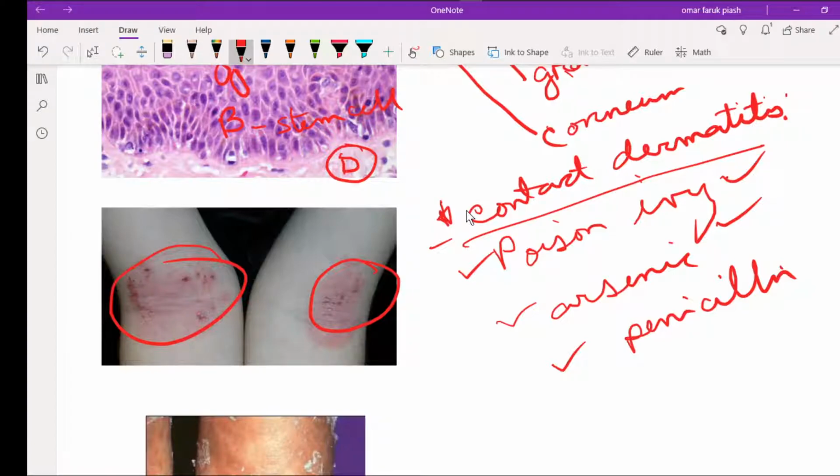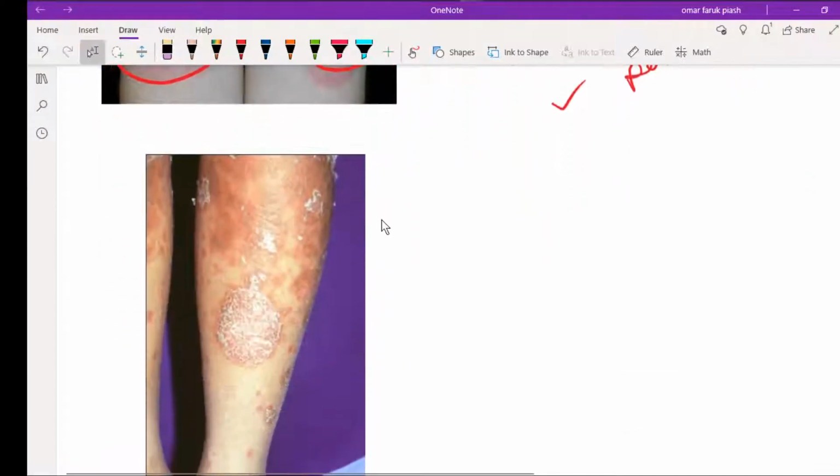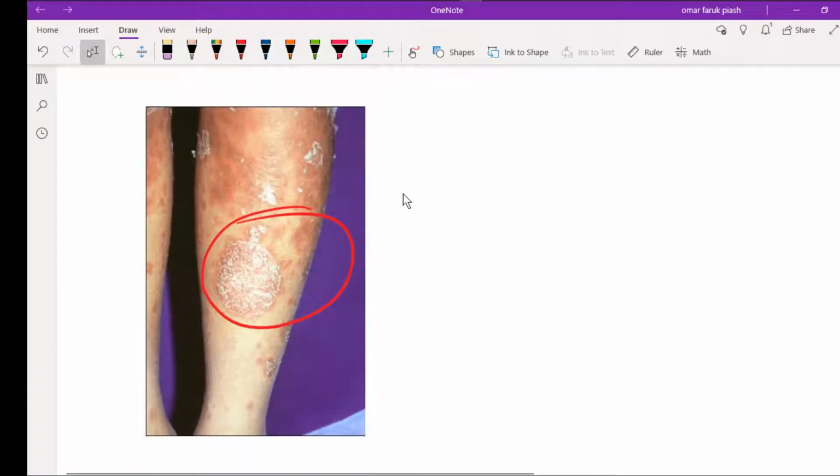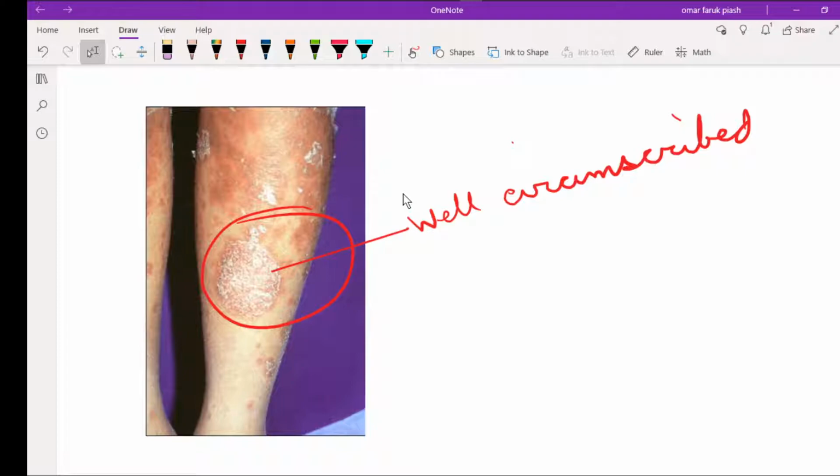And the next one, this is the picture of psoriasis. Psoriasis has well circumscribed salmon colored plaques with silvery scale.